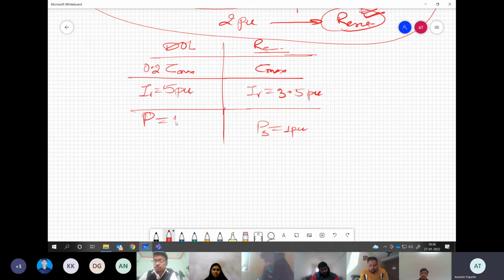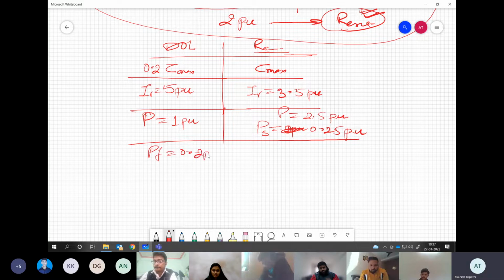So which was 1 per unit is basically 0.25 per unit here, whereas the total power is 2.5 per unit. Power factor, which was 0.2, has now increased to 0.707.